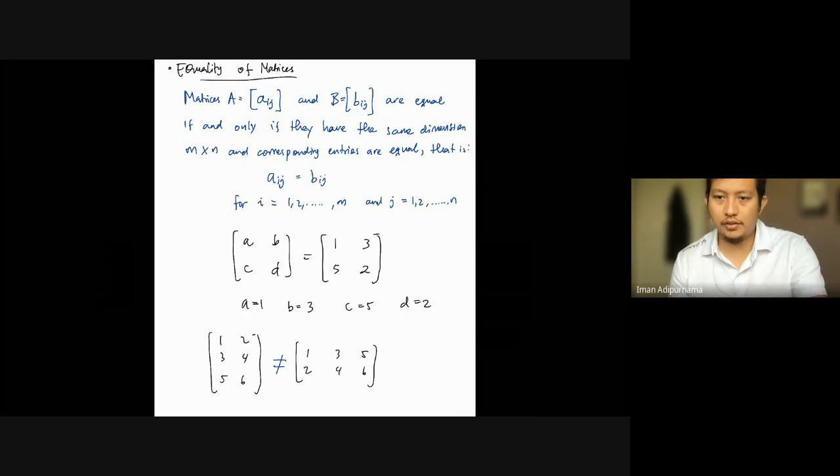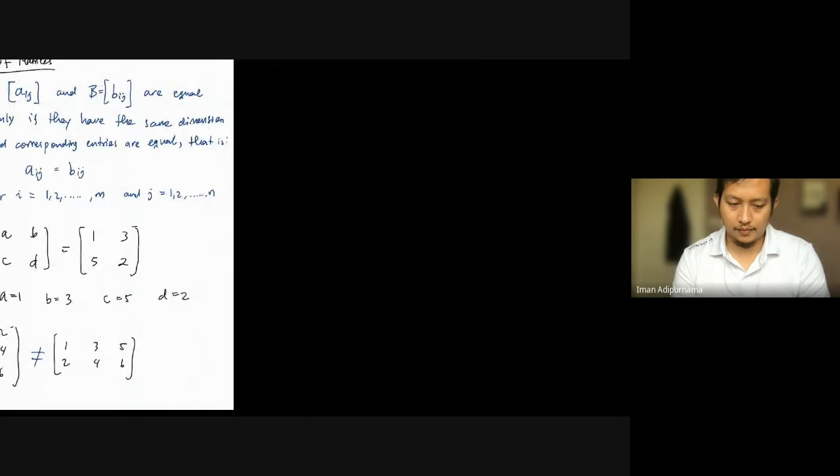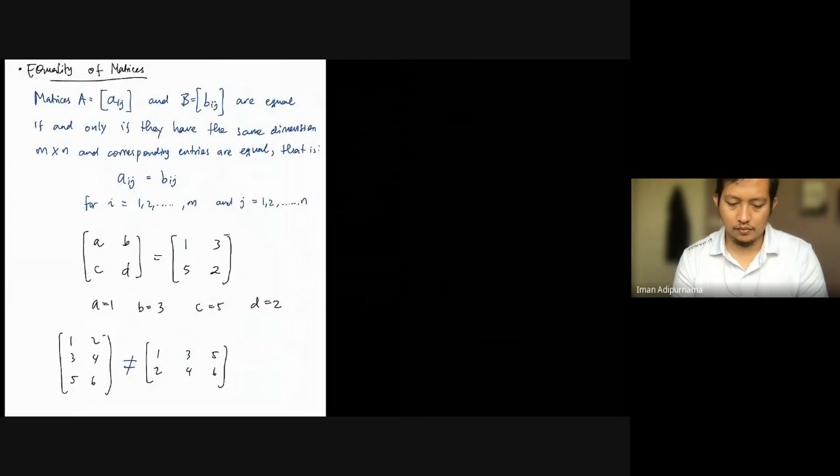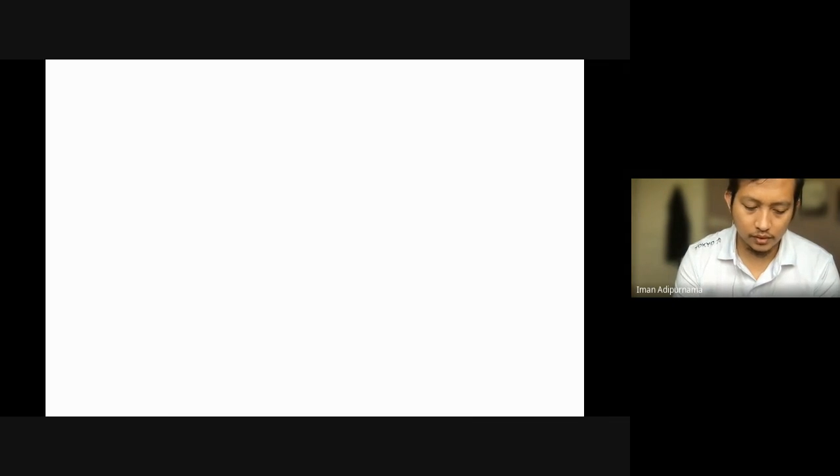The other part of the algebra will be the sum, difference, and the scalar products of matrices.